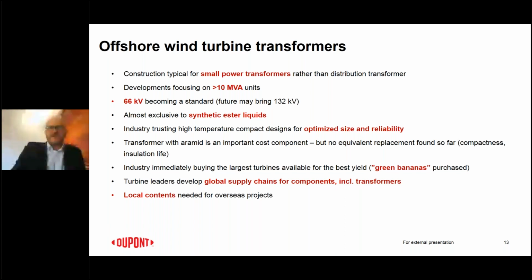There are even some discussions or considerations for the 130 kilovolt class, but now 66 kilovolt is becoming the standard. And because of that, again, these are more small power transformers than distribution. And this drives the design of the transformers. This drives the components needed for the transformers.